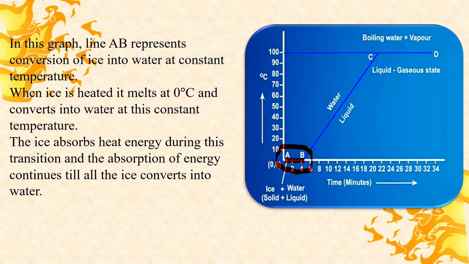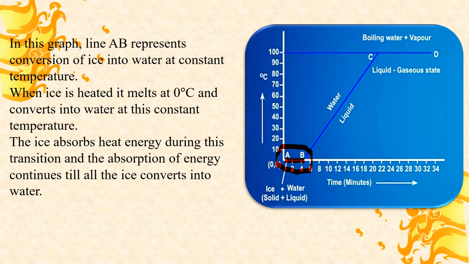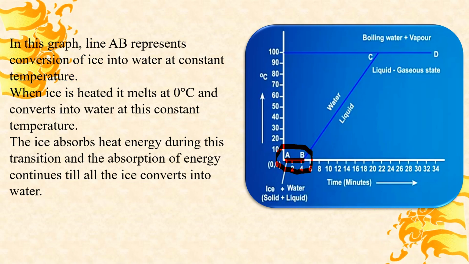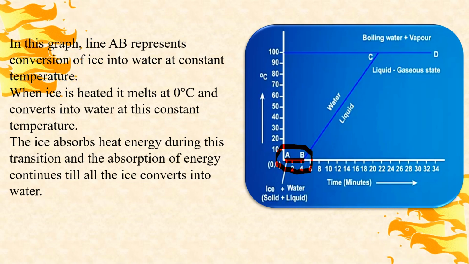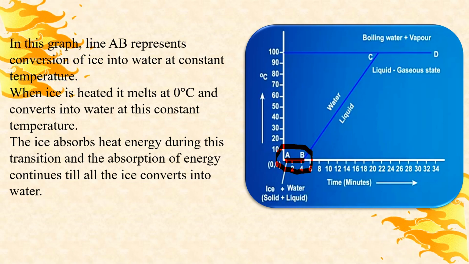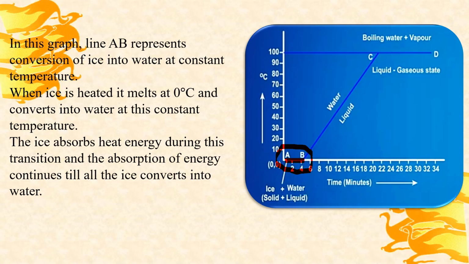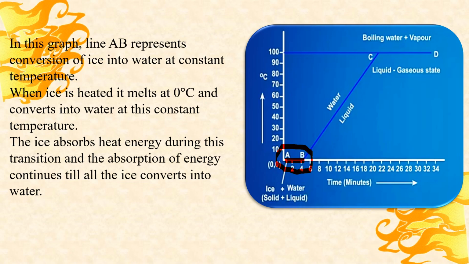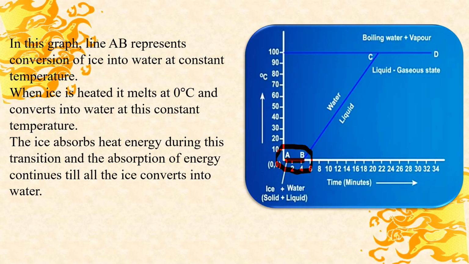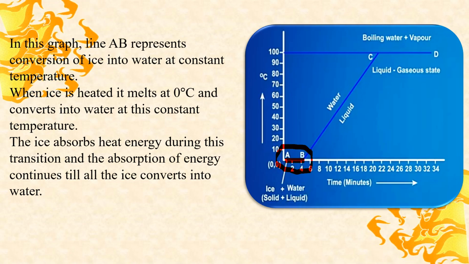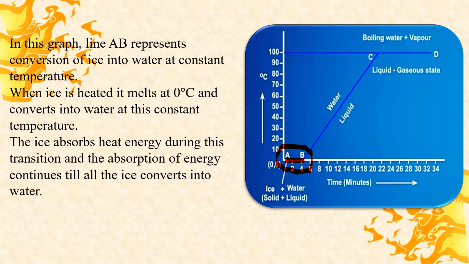Okay, up to here the temperature is maintained constant. The ice was at 0 degree centigrade and it was converting into water. When ice is heated, it starts to melt at 0 degree and gets converted into water. At this constant temperature, the ice absorbs heat energy.